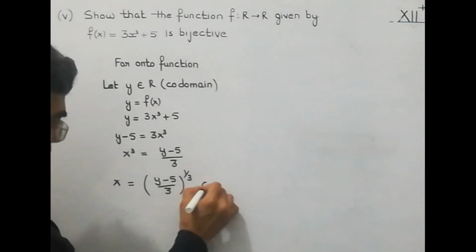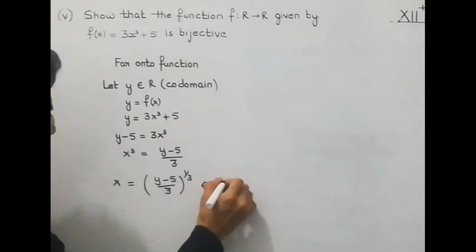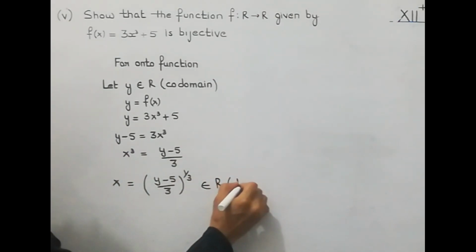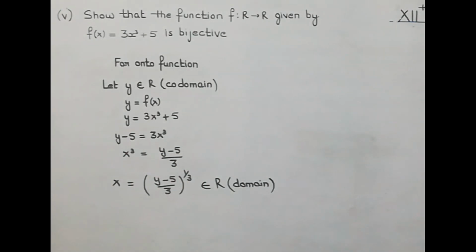So we can say that this pre-image belongs to R, and here x belongs to R means x belongs to domain, right? So now we are confirmed that y chosen from the codomain set of real numbers gives us the pre-image, that is x, as a real number. So we can say that x belongs to domain.